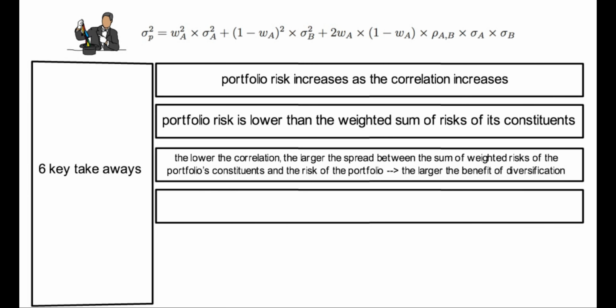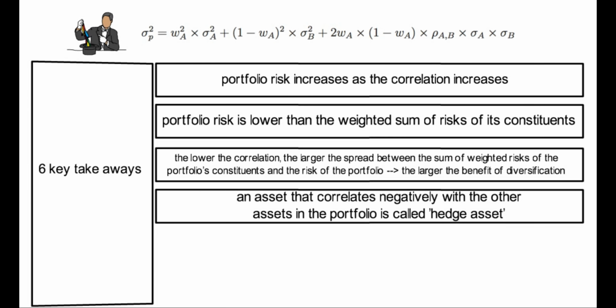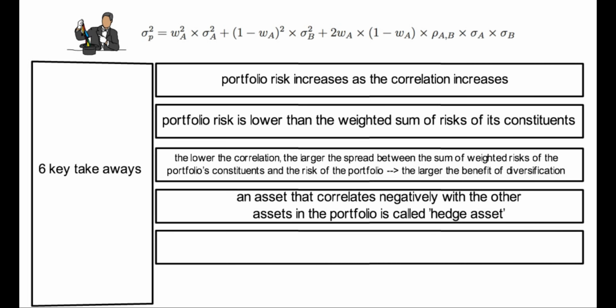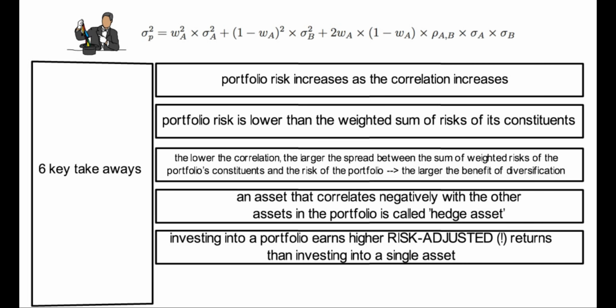Fourth, an asset that correlates negatively with the other assets in the portfolio is called a hedge asset. A hedge asset is particularly beneficial for lowering portfolio risk. Fifth, investing into a portfolio earns higher risk-adjusted returns than investing into a single asset.